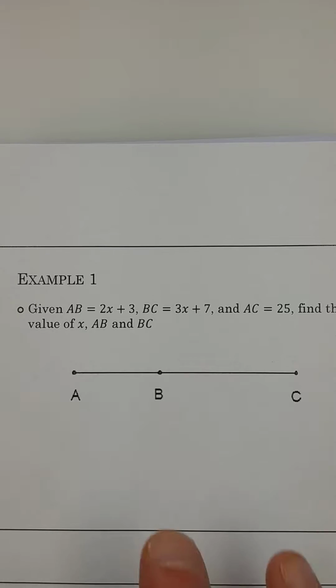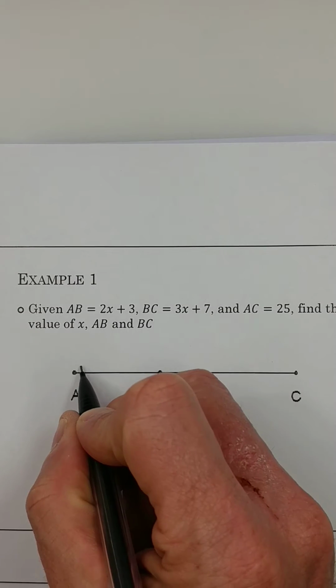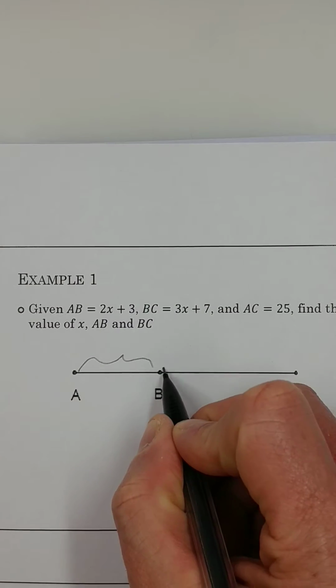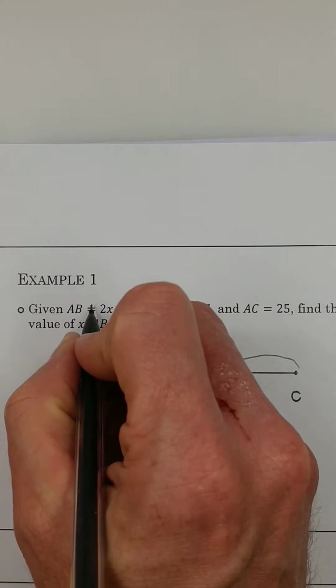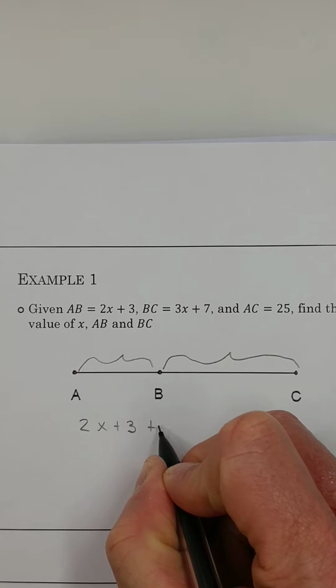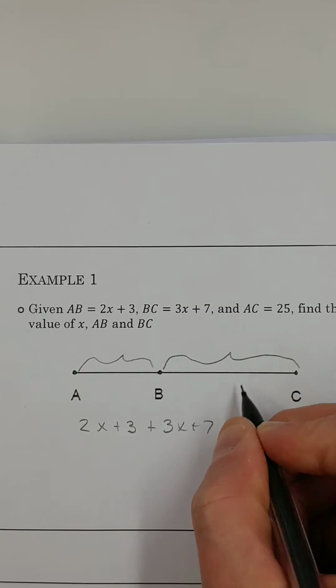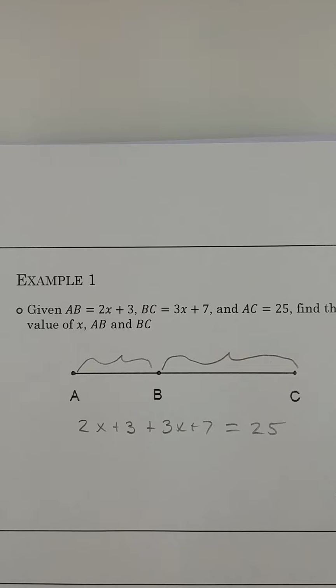So what we'll do is set up a formula. If we use the segment addition postulate, the segment AB plus segment BC will equal the entire length of AC. So we can go 2x plus 3 plus 3x plus 7 equals 25. And then we just solve this simple algebraic equation.